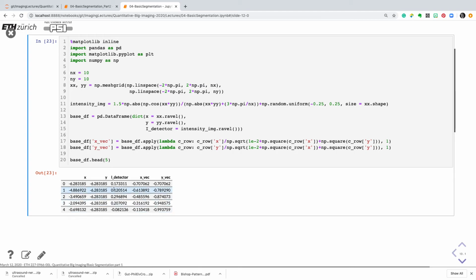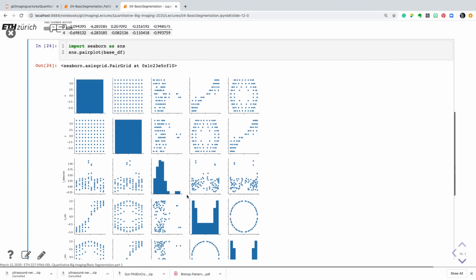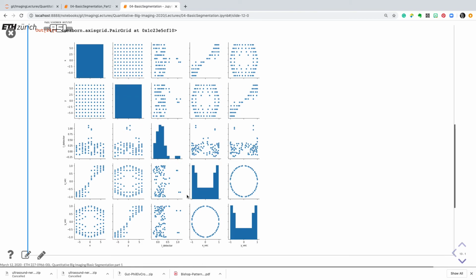I generate a data table. We have X and Y positions. We have the detector intensity value, and we have a vector X and Y that describes some orientation in this data set.